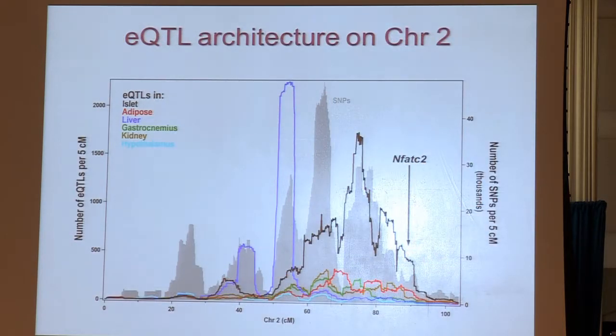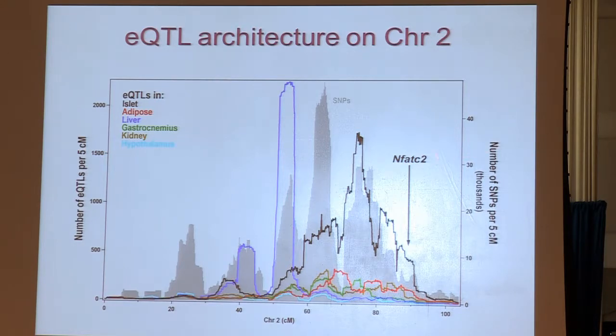So this shows a different view, sort of the landscape architecture of the EQTL on chromosome 2. This was that large peak in the liver, which is predominantly a female phenomenon. And then the black shows the EQTL for the islet.